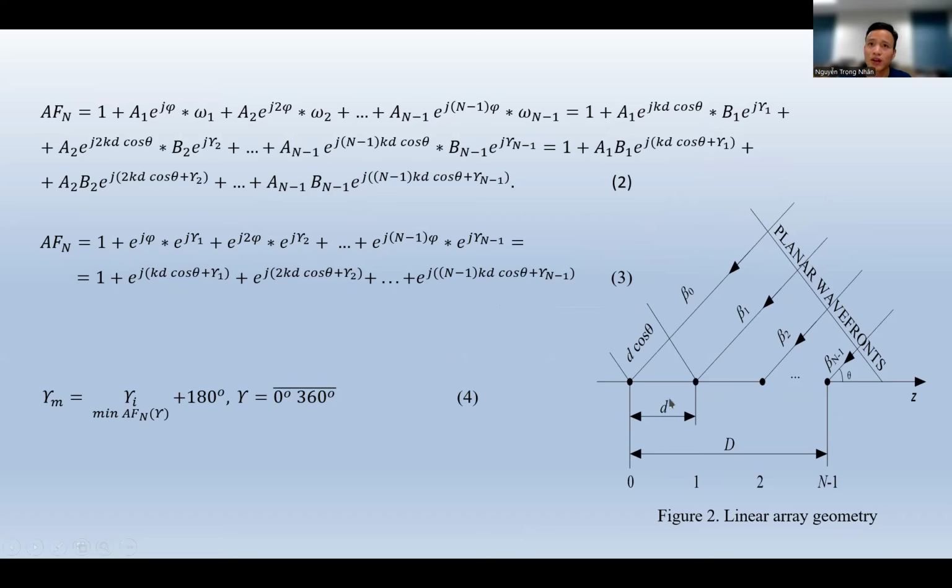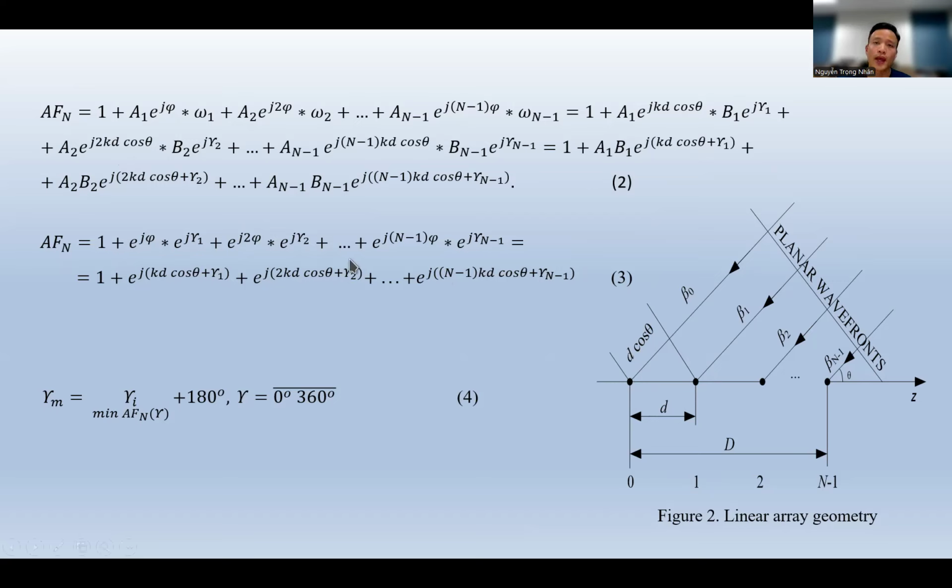We can see that the phase of element m plus 1 leads the phase of element m by phi equal kd cos theta, where k is the wave number, since the path length to element m plus 1 is d cos theta meters longer than to element m. Then if we set the reference point to element 0, we can write the array factor as formula number 2.